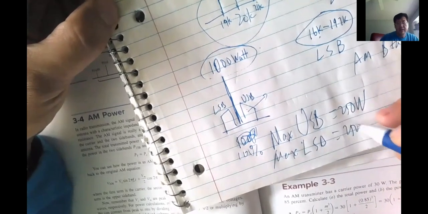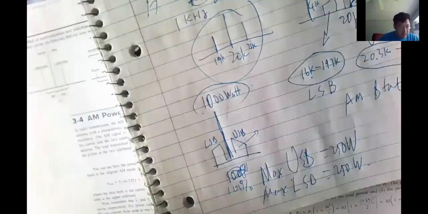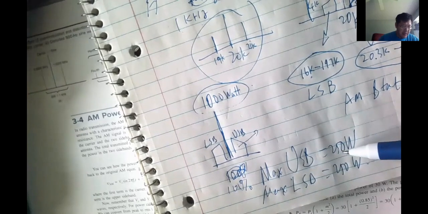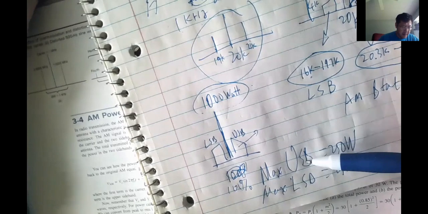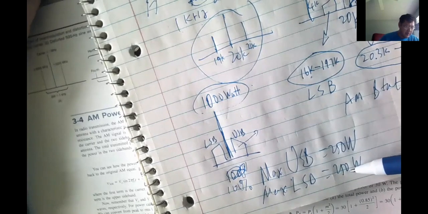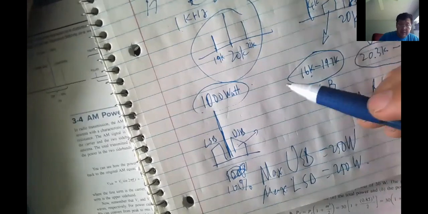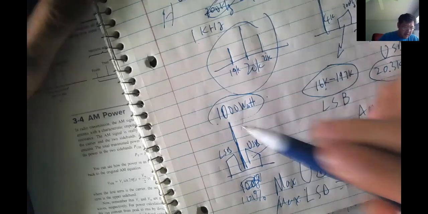So this is just a little bit of math. I just provide the results. At 100% modulation, only 250 watts is on the upper sideband. Another 250 is on the lower sideband. And the carrier is 1,000 watts. So what does that imply?